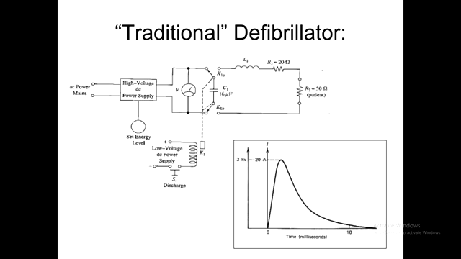Somewhat like that circuit that you would have encountered for the filter section that we did earlier on. Do you remember that one? I think the capacitor was on the other end there. But the idea is that the capacitor will dump its discharge through the patient.